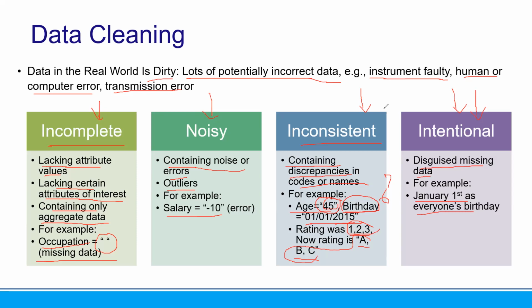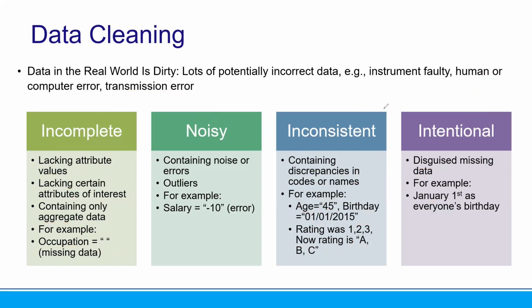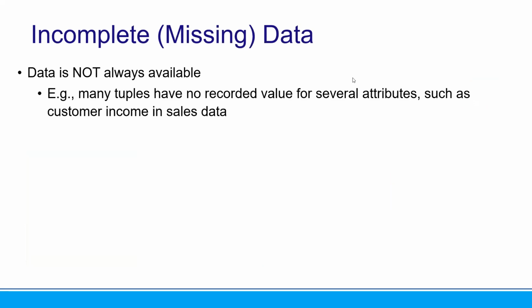So when we have incomplete or missing data, data is not always available. The data has no recorded value on some attributes, for example, customer income. You may have issues when the customer does not want to share their income.